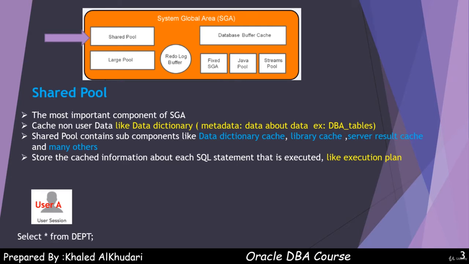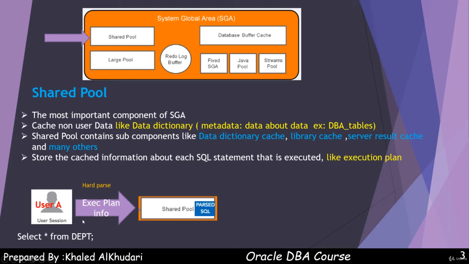I will give you an example. For example, I have a user A, user session. He is doing select star from dept, for example. So Oracle will make execution plan information about this select statement. This means the best way to execute this select statement.